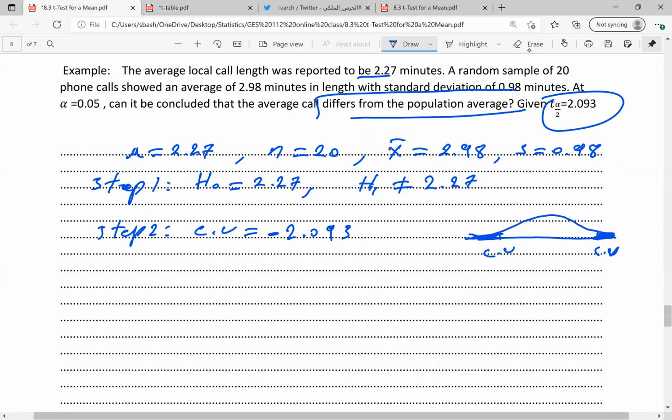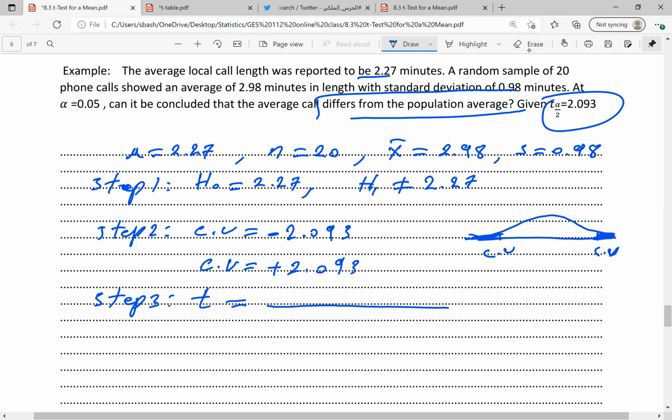And since we have a two-tail test, I must have two critical values, one negative, this is the left one, and one positive, which is the right critical value. Step number 3. Let's find the t-test value.